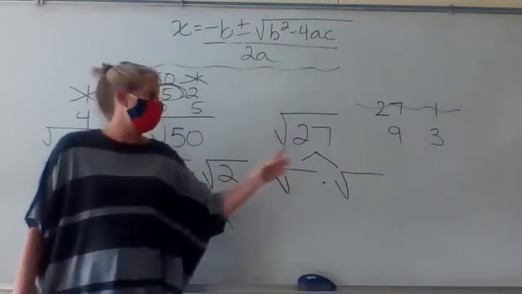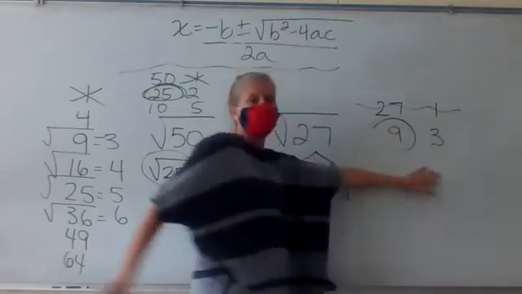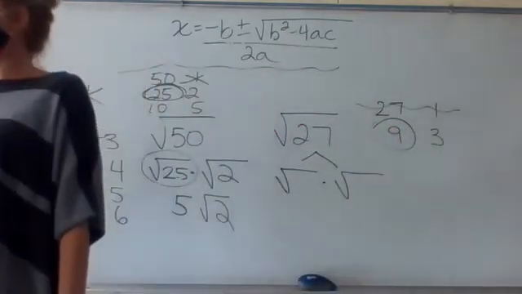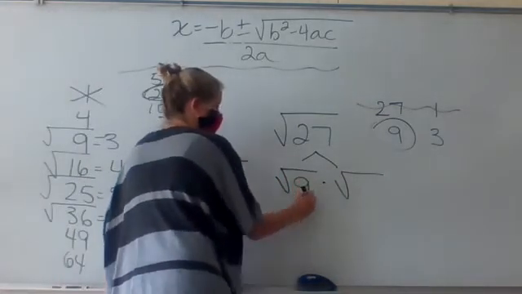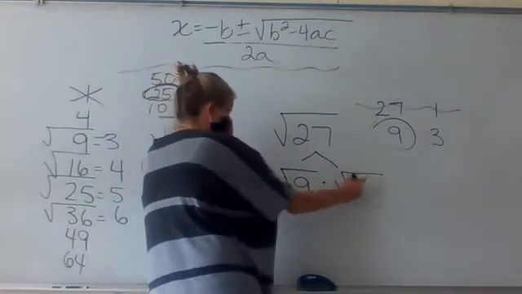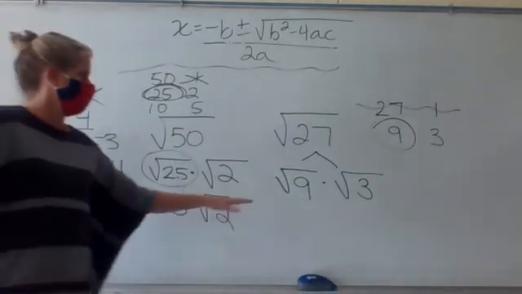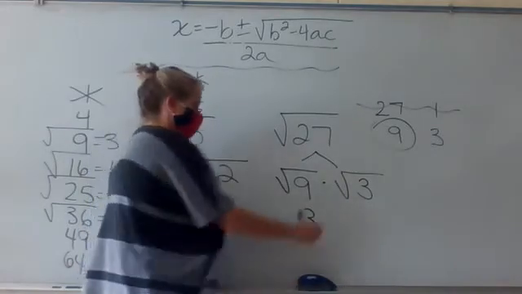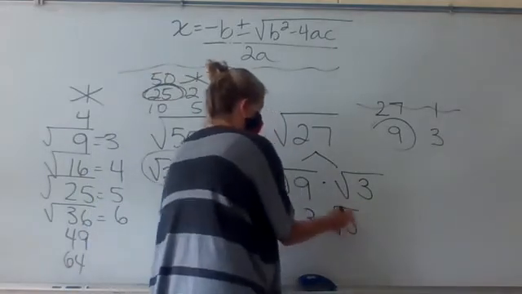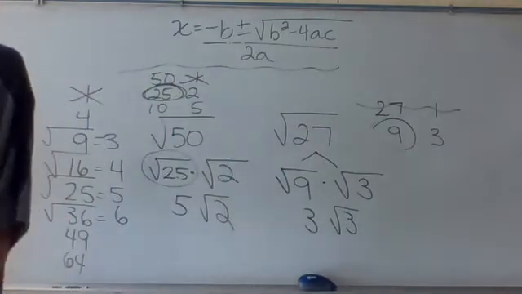But look at that other pair. Which one of these numbers can you take the square root of? 9. 9 is a perfect square. So I'll put the 9 in my perfect square radical. 9 times 3 is 27. And then the square root of 9 is 3. Bring down the square root of 3. So the square root of 27 simplifies to 3 square roots of 3.